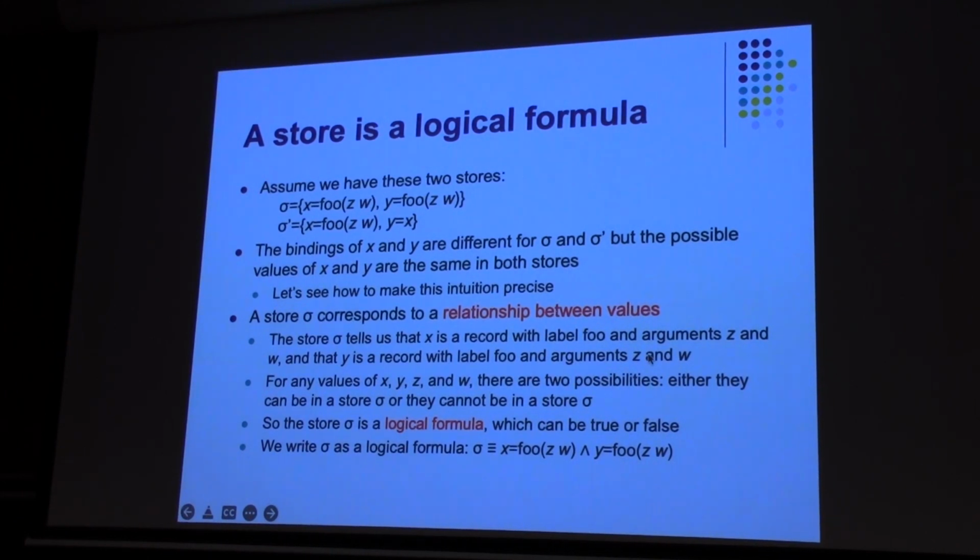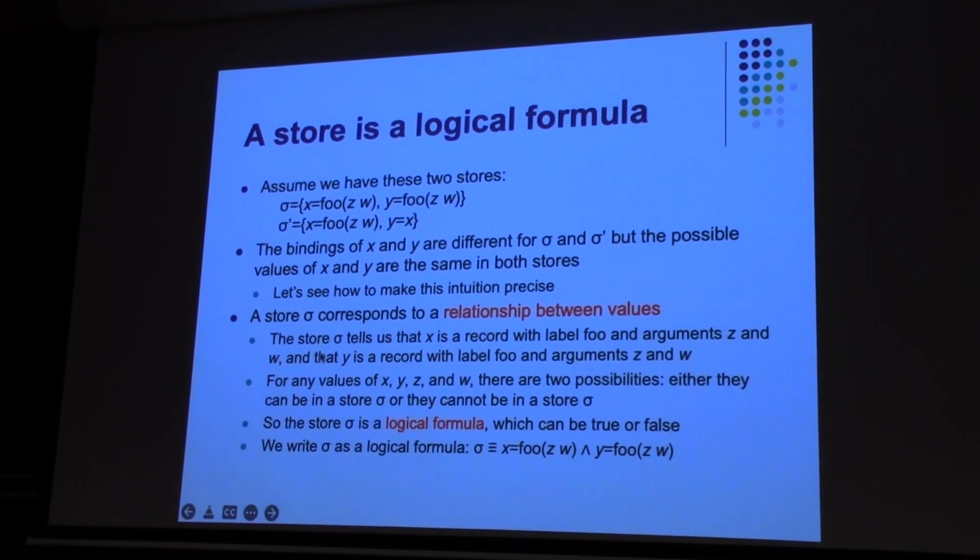But if I give any possible values of x, y, z, and w, either they could be in a store sigma or they are not. If they are of this form, then they could be in a sigma. But if x is not a record, then it cannot be in a store sigma.